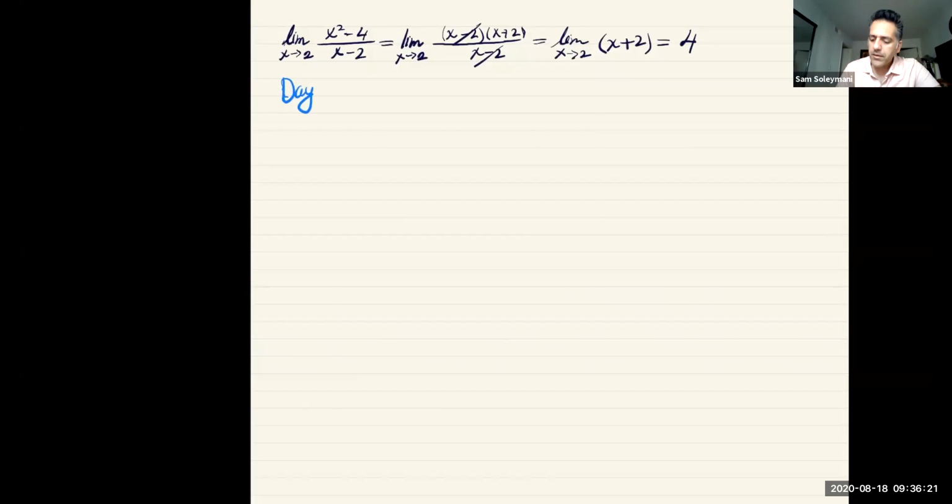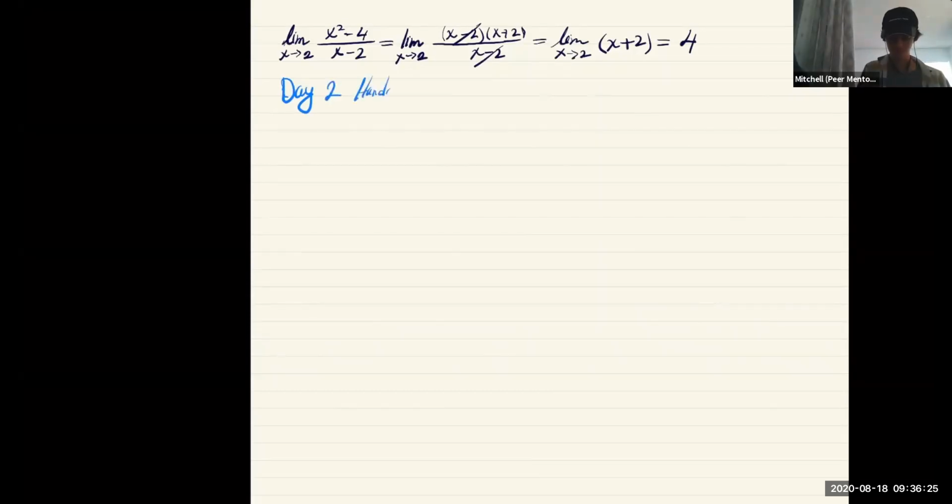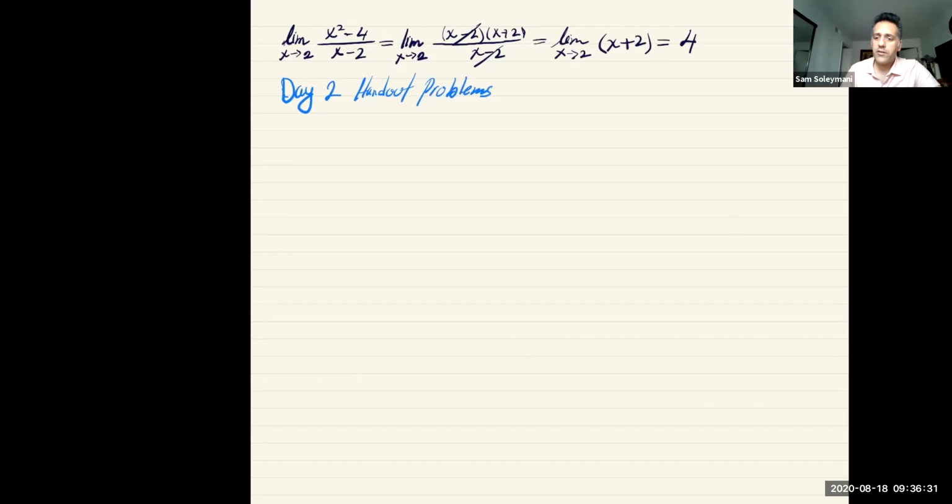So look at problem 2A. Limit as x goes to 4. Some of these problems are challenging, man.